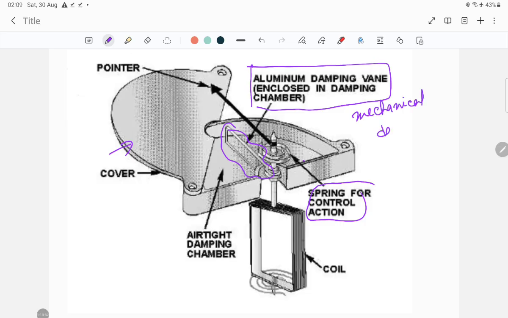How will this mechanical damping be created? When the pointer is moving in this direction, the vane will also rotate in this direction.